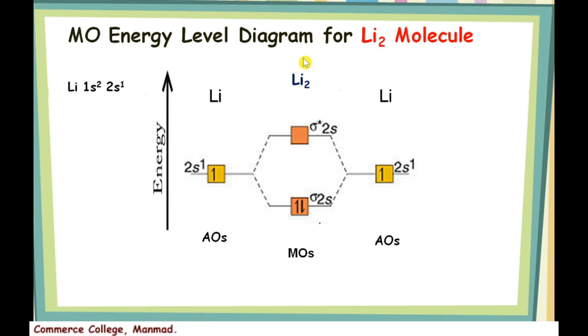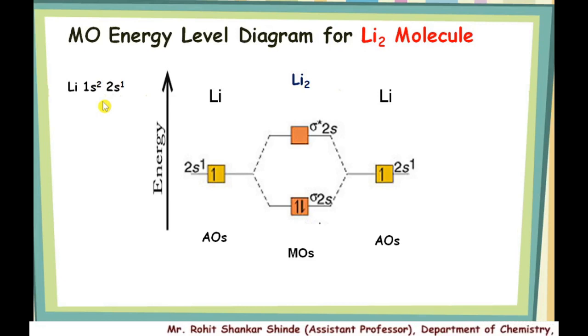The lithium molecule is formed by the combination of two lithium atoms. Each lithium atom has electronic configuration 1s2, 2s1. The 1s orbital is lower in energy, so it does not take part in bonding. Only the valence orbital, that is the 2s orbital with its one electron, takes part in bonding.